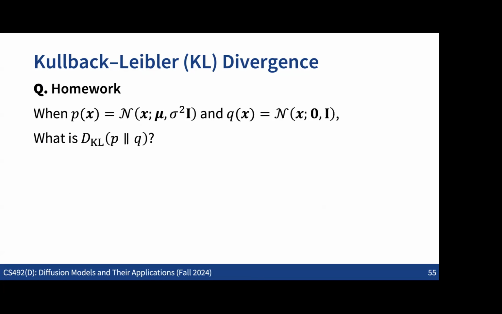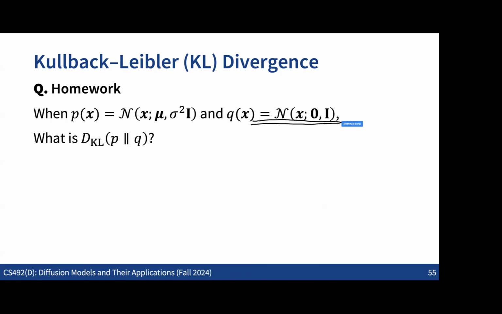And we can actually calculate the exact value of the KL divergence for some well-known distributions with analytic forms of the probability density functions. One example is when you have a normal distribution with some arbitrary mean and covariance, with isotropic variance, and also a standard normal distribution.